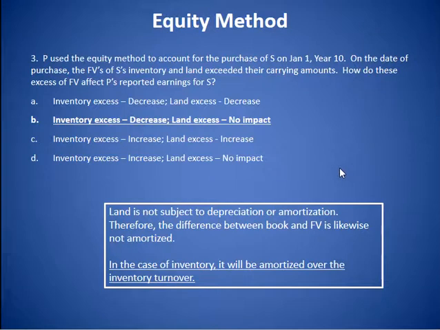Now, if we take a look at inventory, it's not like a building or a piece of equipment, so since it's a cost of the inventory, we would amortize that over some form of inventory turnover, because that would be the most rational way of allocating that expense. In the case of land, land itself will not depreciate, so there's not going to be any impact in this case.